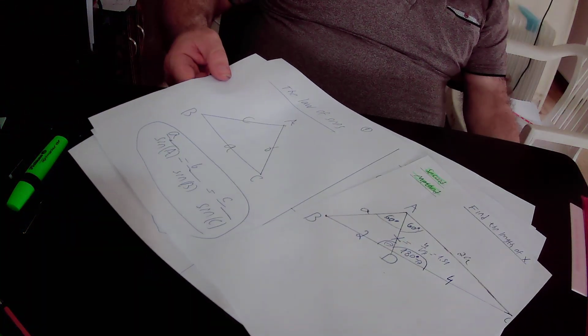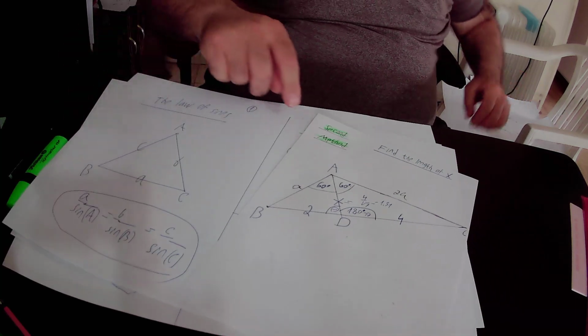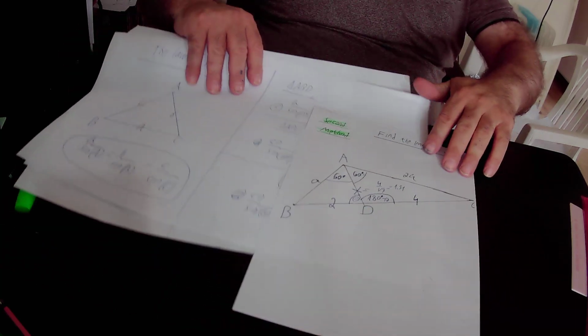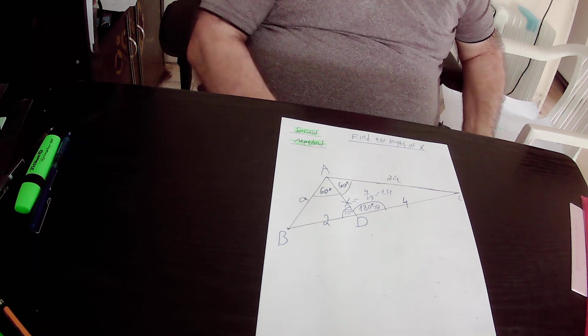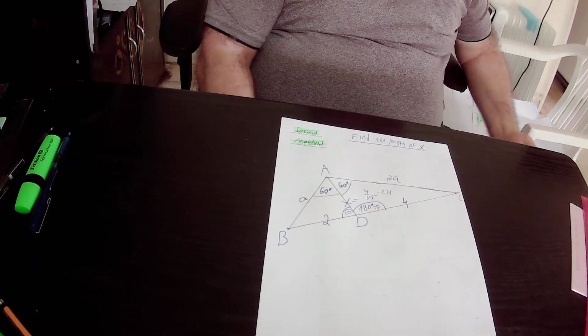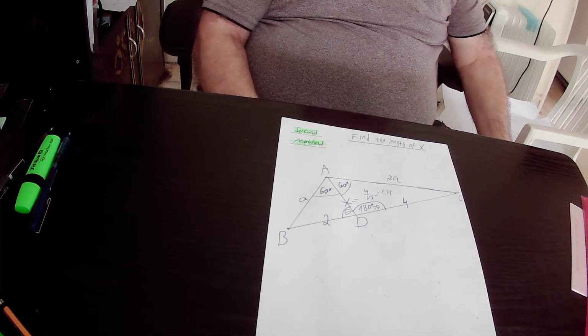Then I presented to you how to find the length of line segment AD according to the second method. In the second method, we defined angle ADB as theta, therefore angle ADC will be equal to 180 degrees minus theta. Then I presented to you the law of sines.